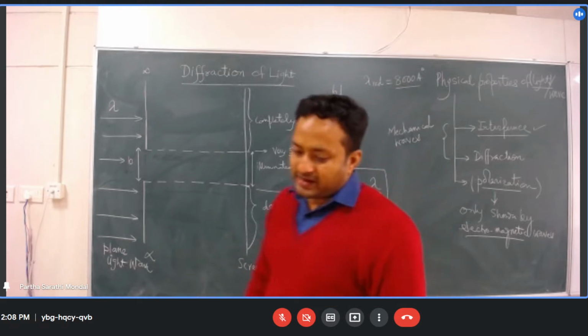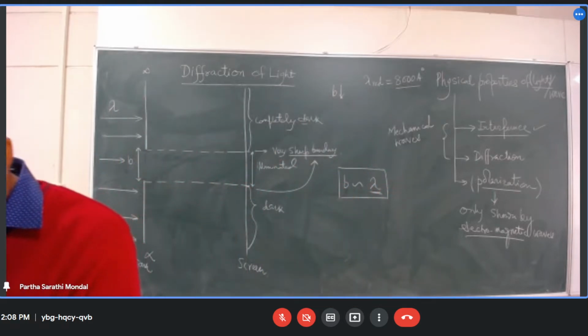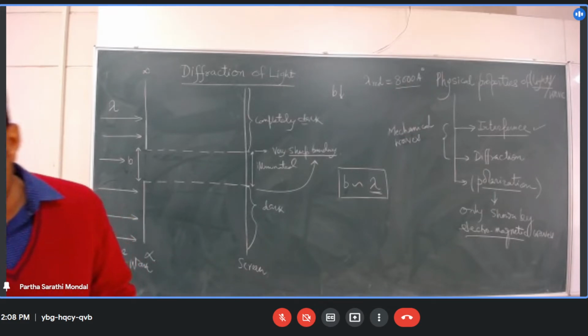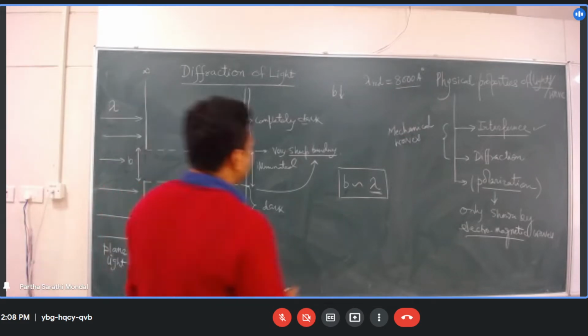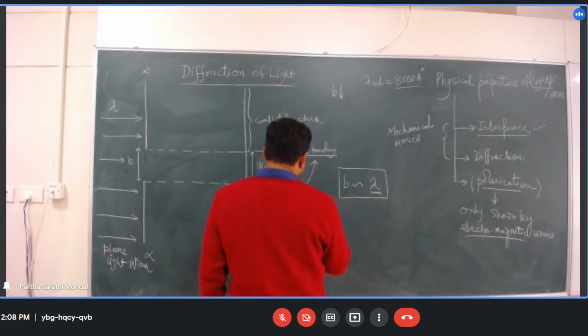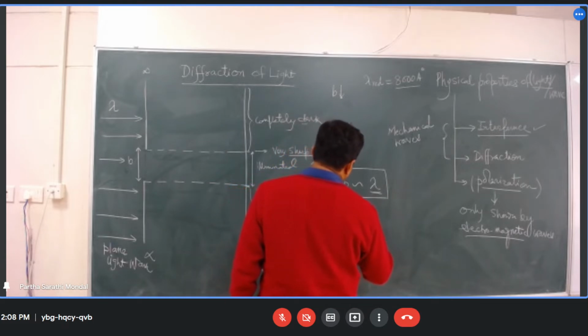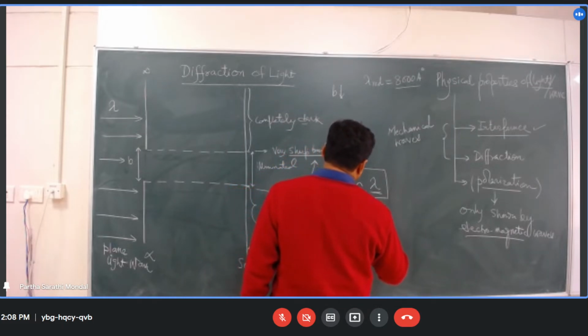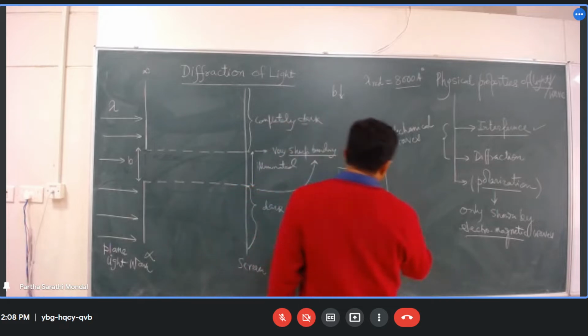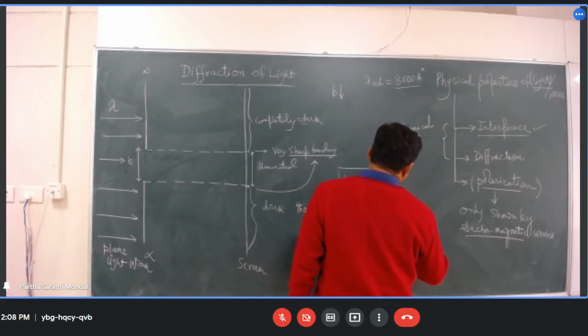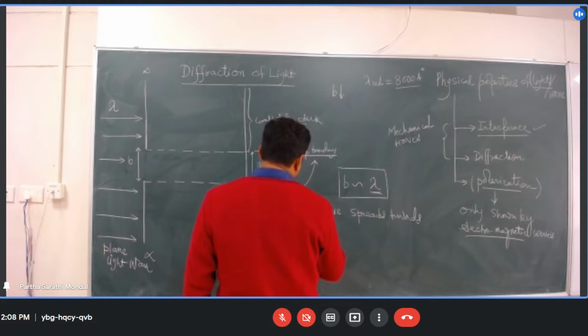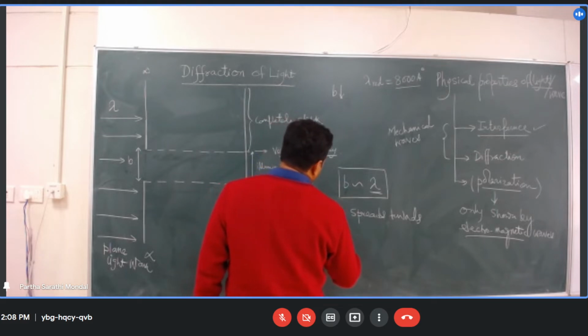Okay, so that is what is happening if the slit width is comparable to the wavelength of light you are using. Then what happens is the light spreads, the wave spreads towards the dark region.